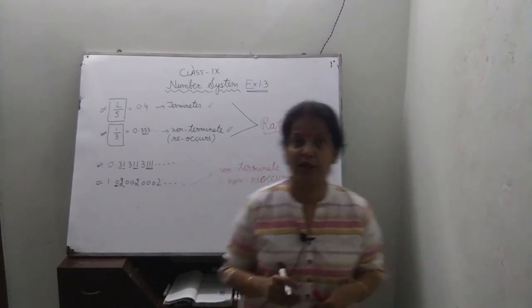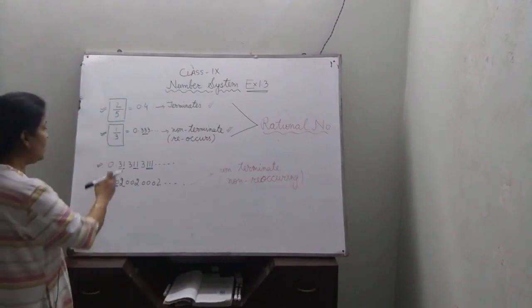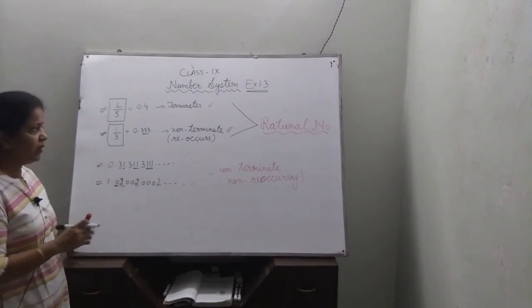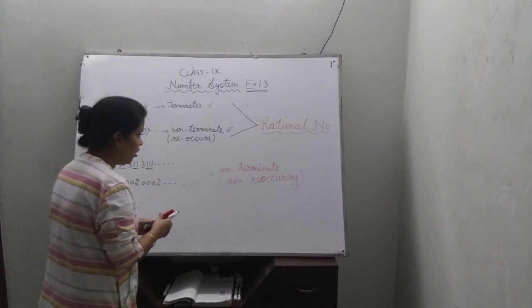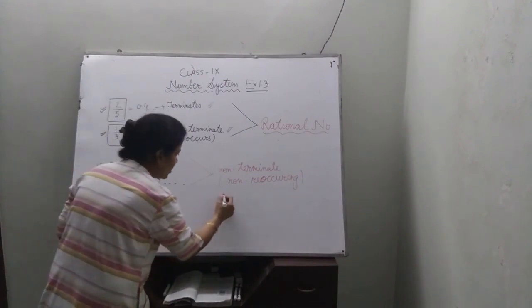Terminate means remainder is not coming as 0. So these types of examples are for irrational numbers.